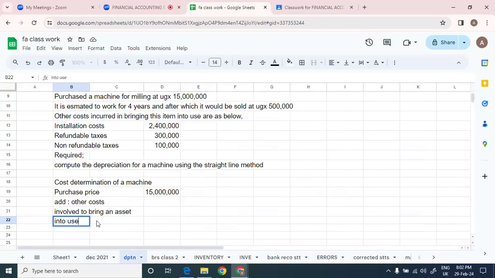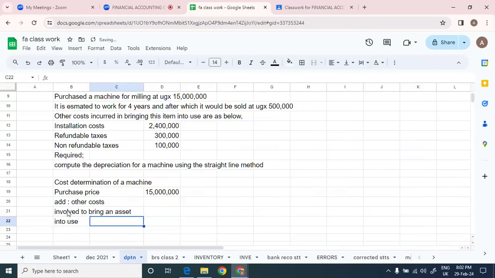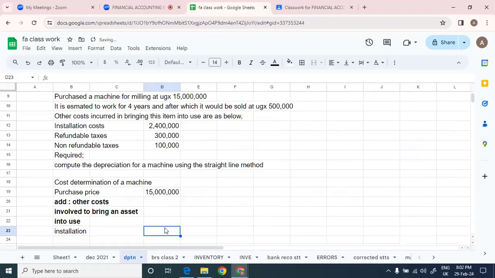So here, what are these? Let me first bold this. So we look what are these costs. One is installation cost.